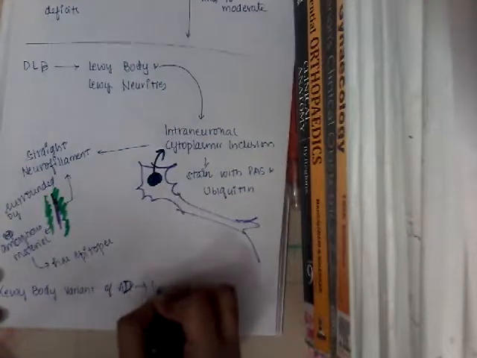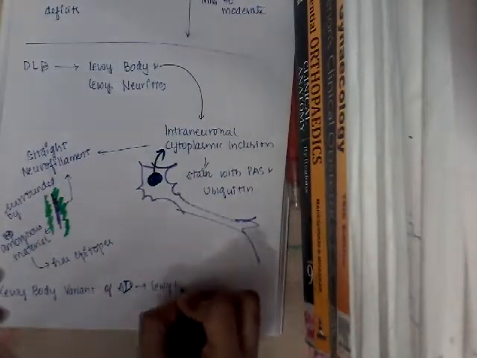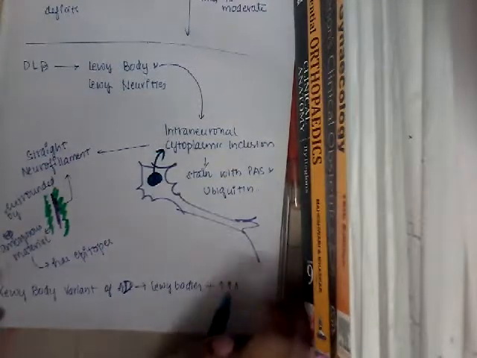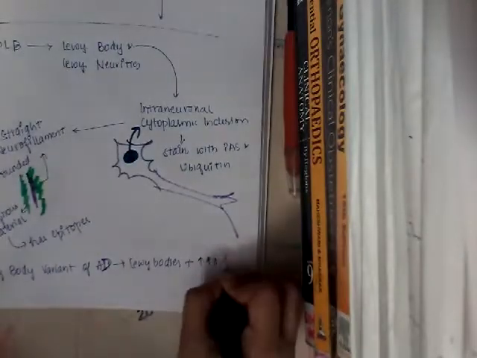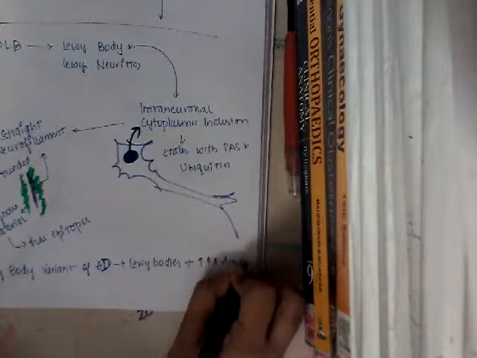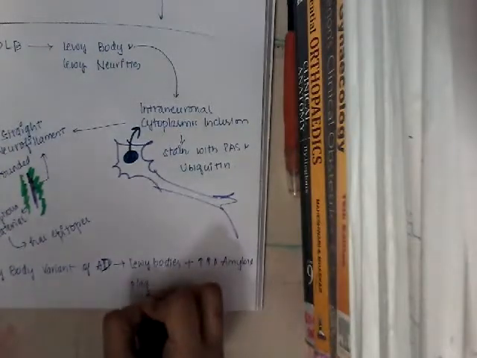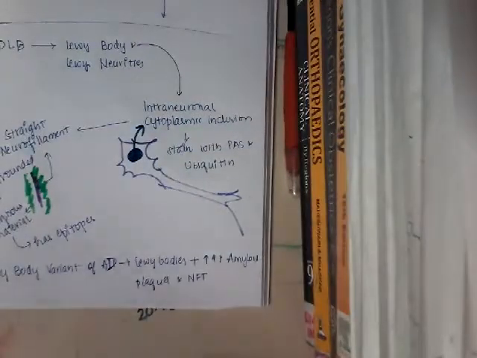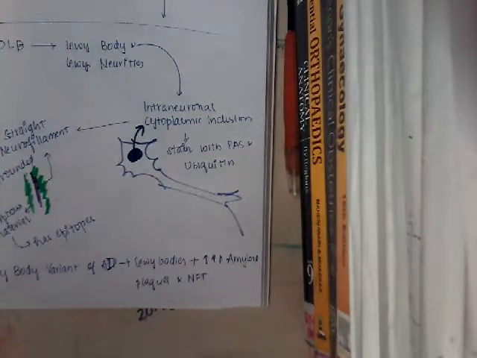In this they have fewer Lewy bodies, and there are many amyloid plaques and neurofibrillary tangles. Then that is called the Lewy body variant of Alzheimer's disease.